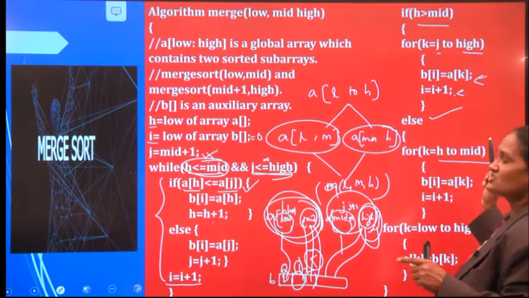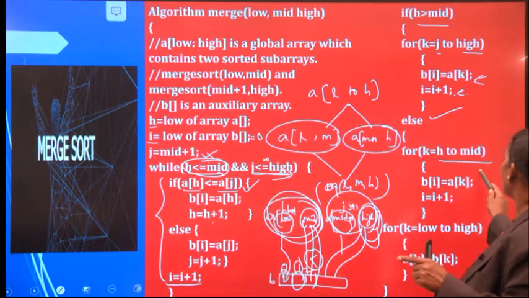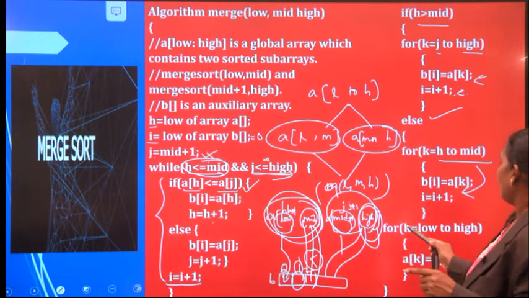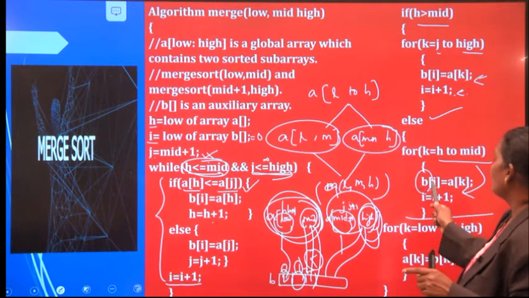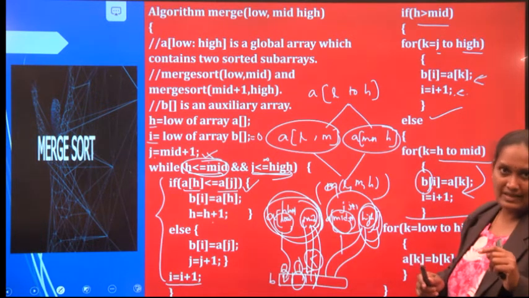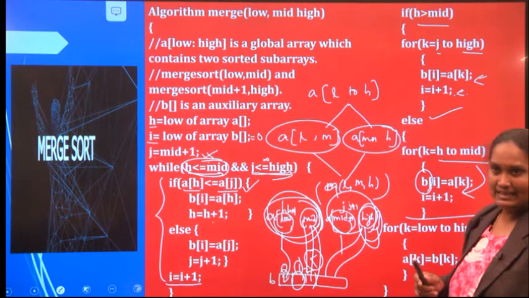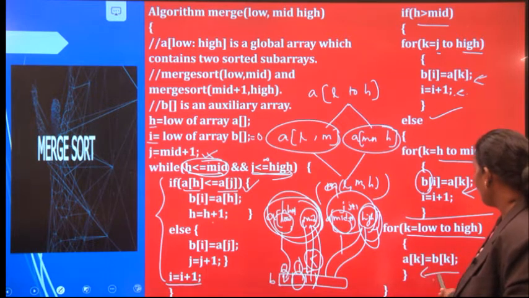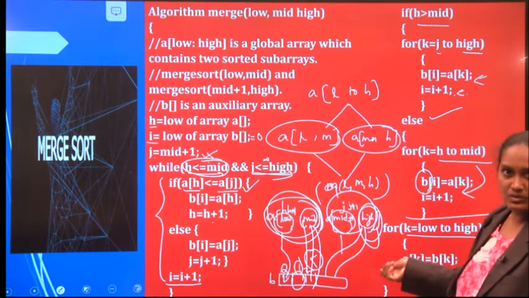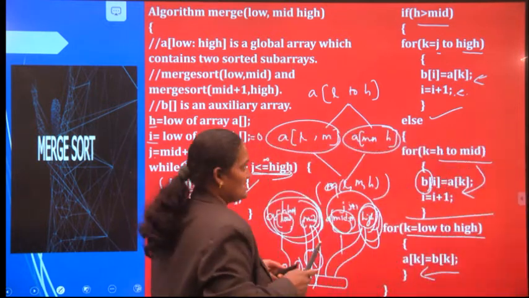So for K equal to H to mid, the remaining elements present in the first subarray are copied to B. Finally, we get the sorted subarray in B. B is the auxiliary array, but our sorted array should be present in A. So finally, for K equal to low to high, we copy all the values from B to A. So this entirely gives the merge procedure.